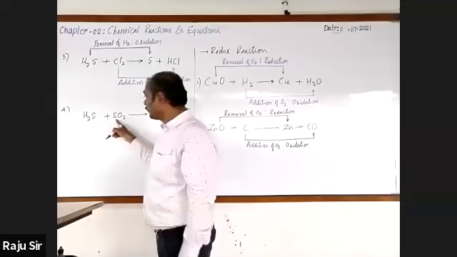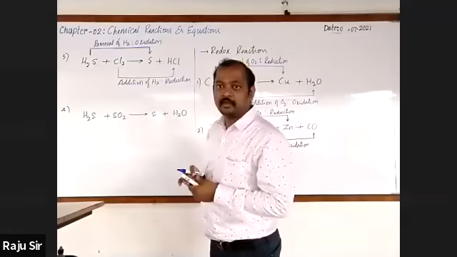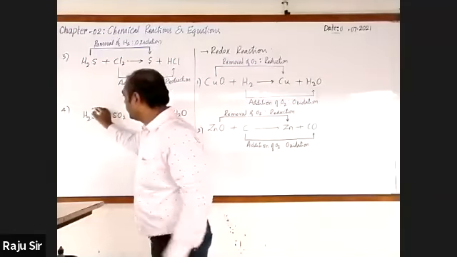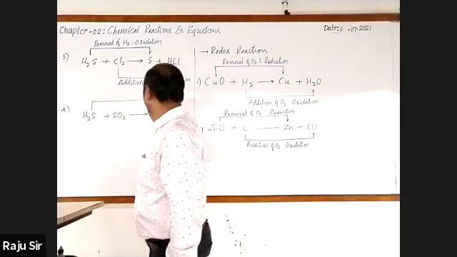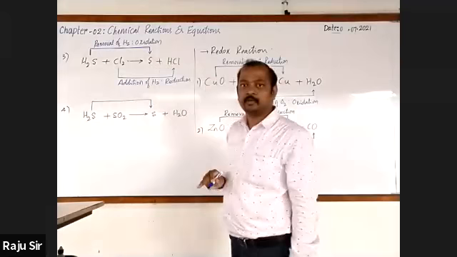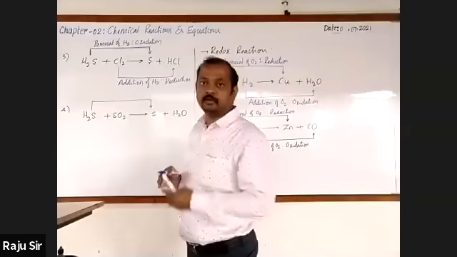Here hydrogen sulfide is the compound having hydrogen. Sulfur dioxide is the compound having oxygen. You can observe that here hydrogen sulfide gets converted to sulfur. So this is removal of hydrogen. It is oxidation.